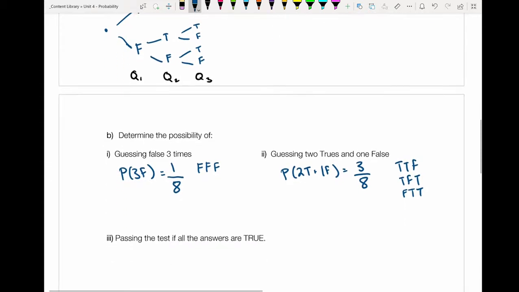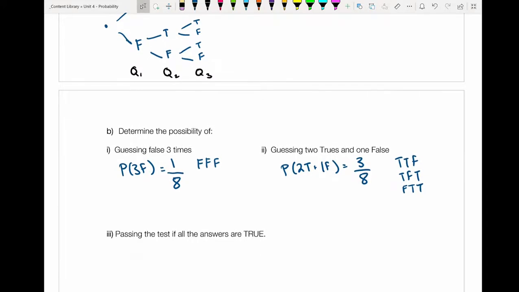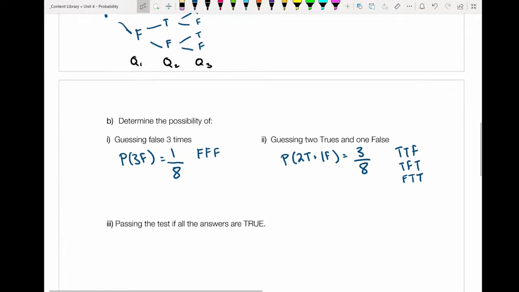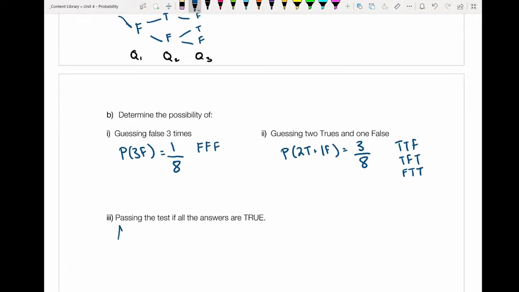In our next question, passing the test if all the answers are true. We need to get at least 2 trues, because if we get 2 out of 3 questions, or 2 out of 3 marks, that means we would pass.